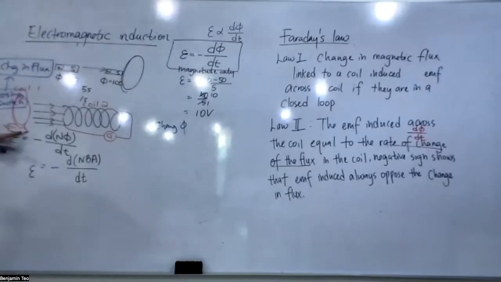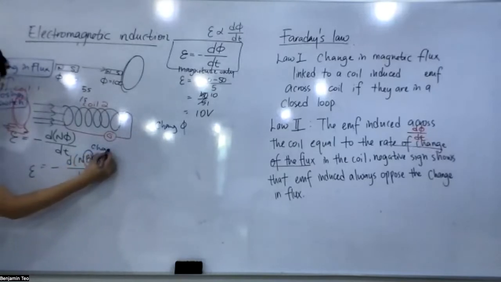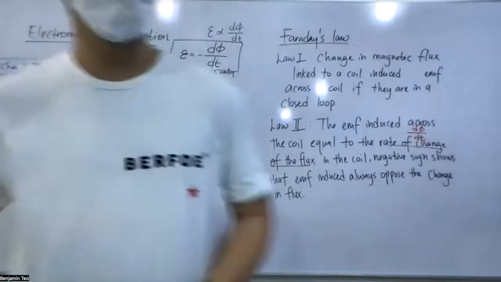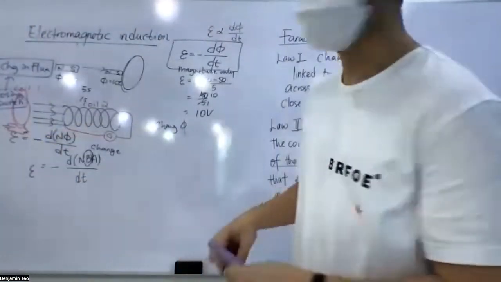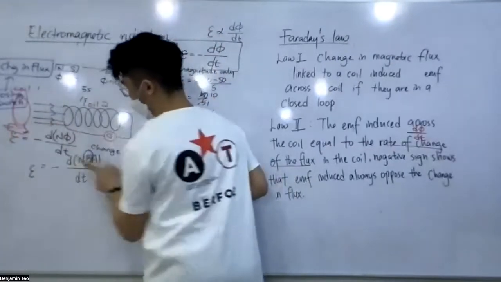Closing the switch means I'm changing the B, because current affects the B. The larger the current, the larger the B. B is magnetic flux density, just like gravitational field strength, but for the magnetic field. How strong is the field? It depends on current. So by closing the switch, you are changing the B.